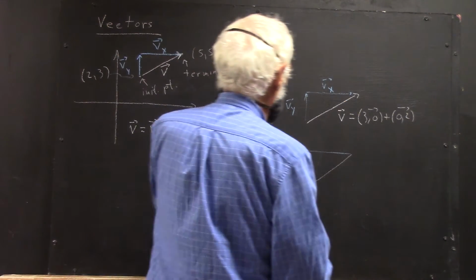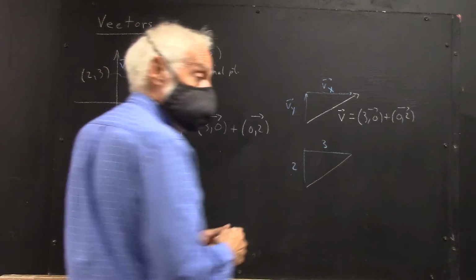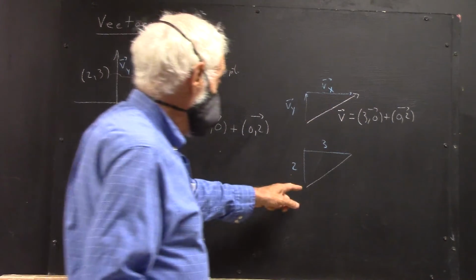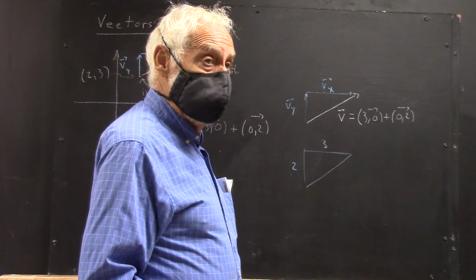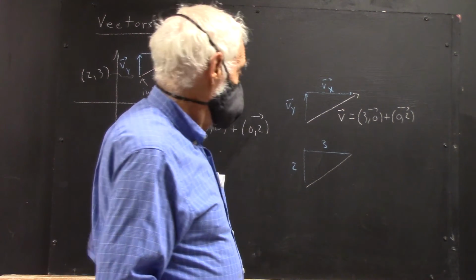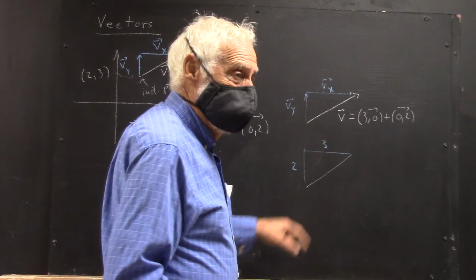Okay. Now, if you draw the triangle and just label the lengths of the sides, you get 2 and 3 here, right? So what's the length of this side? The hypotenuse. Okay?